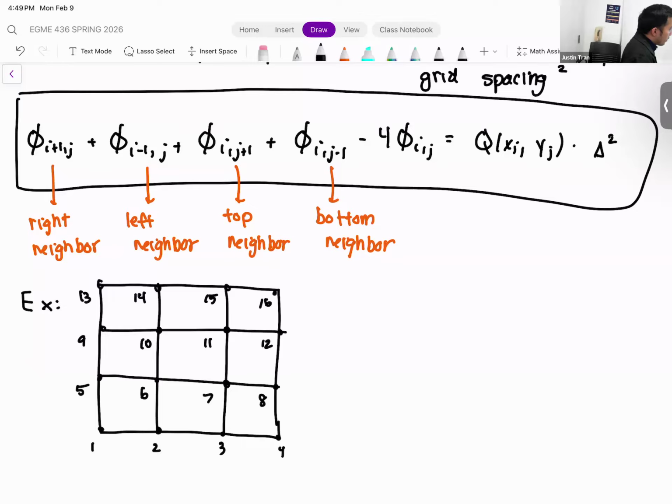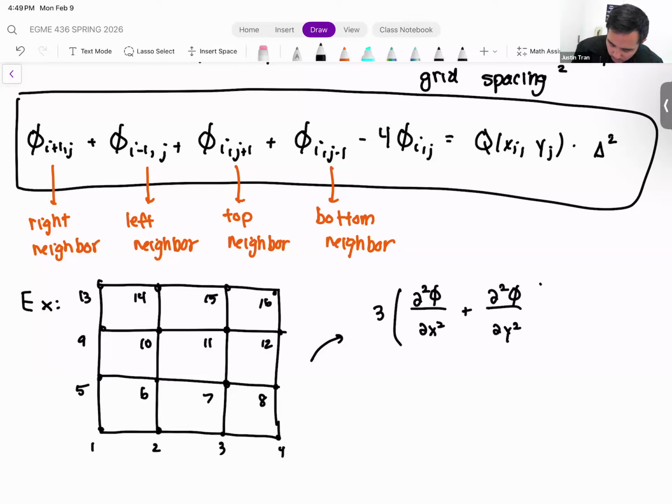All right, and then let's say that we have a very basic diffusion equation: 3 times partial squared phi partial x squared plus partial squared phi partial y squared is equal to 7 times x times y.